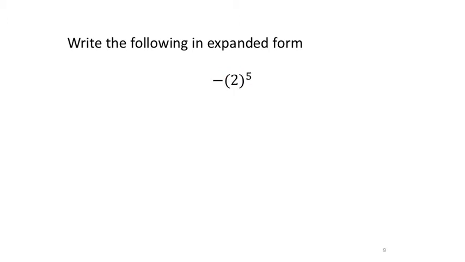We just got that negative out in front. Now, it's important to remember right here that the negative is not in the parentheses, which means that what you have, I'm going to rewrite this with a little space there, is negative, and then parentheses 2 to the power of 5.